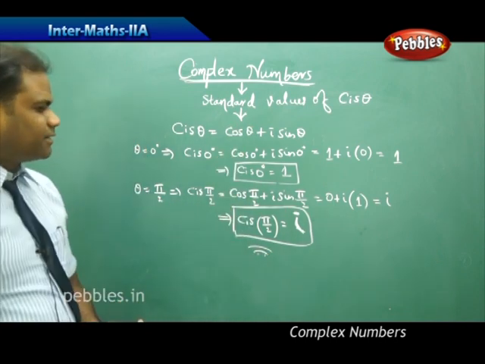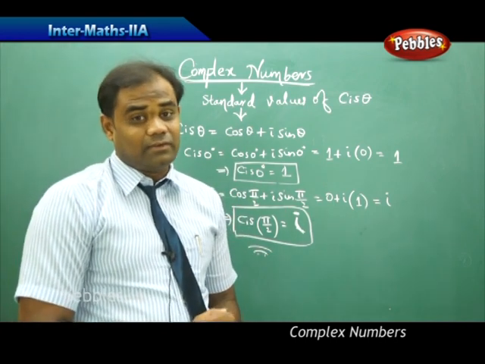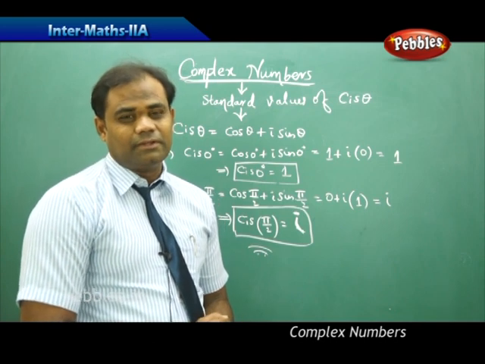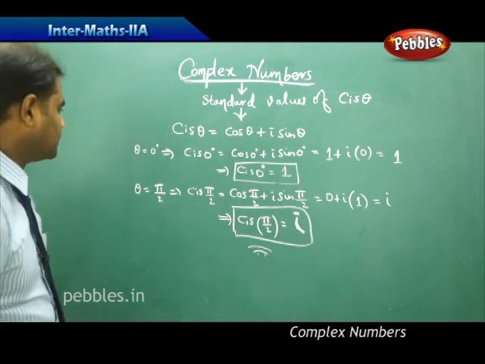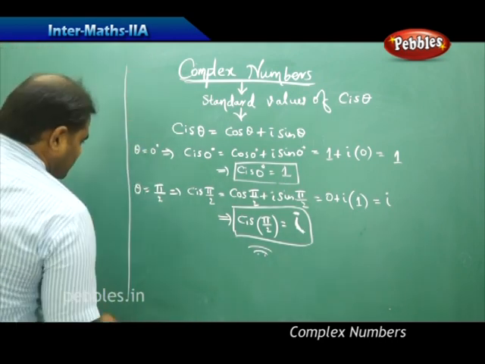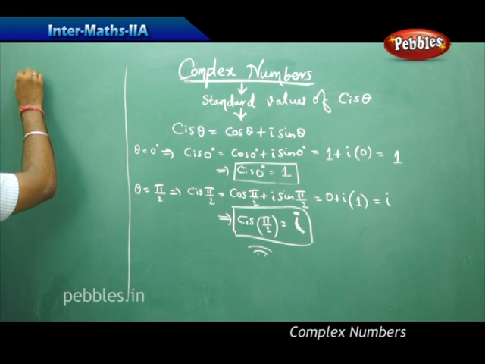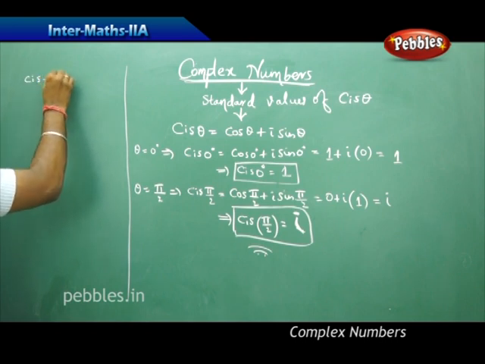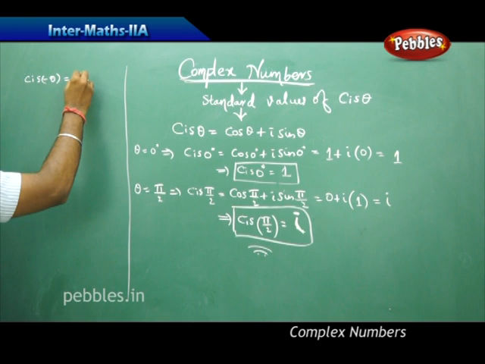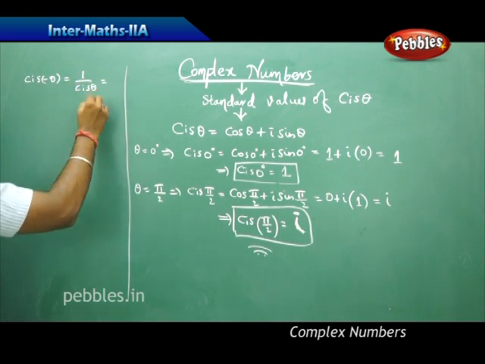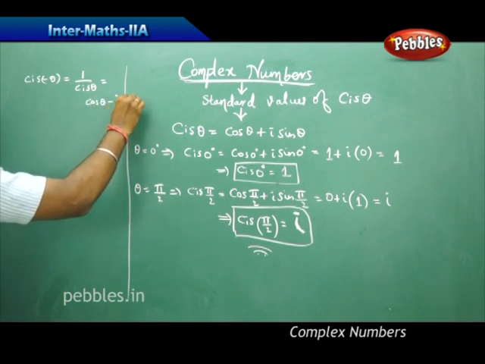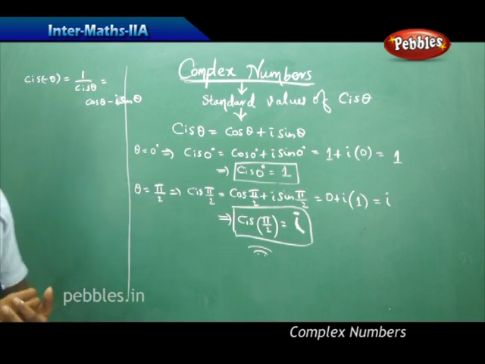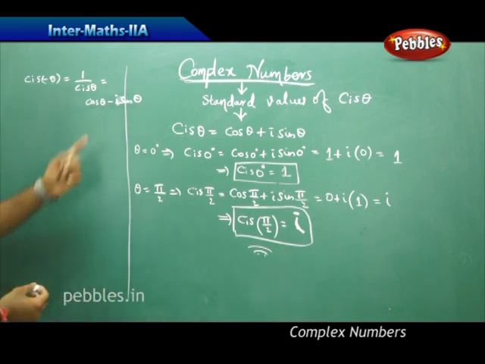So in this manner we can find cis of various values which we need to find. For example, if I wanted to find cis minus pi by 2, how do I find it? When I take cis minus theta, we all know it is 1 by cis theta, that is cos theta minus I sin theta. So this is how we get cis minus theta.